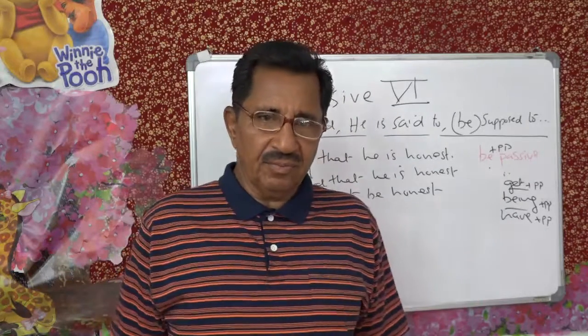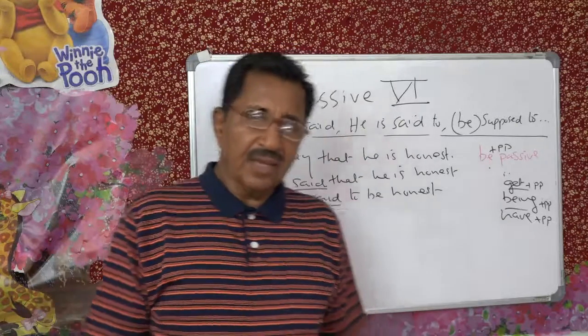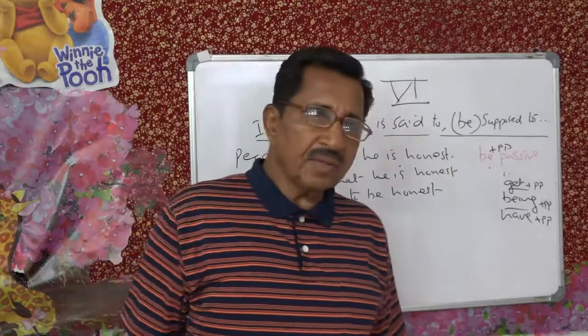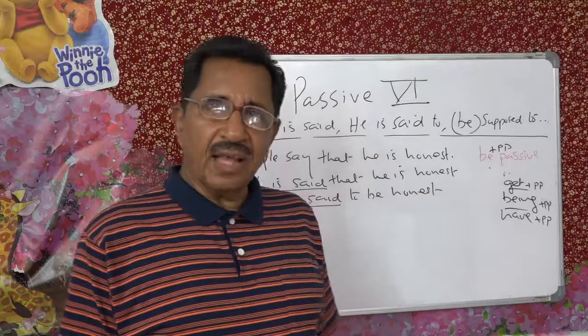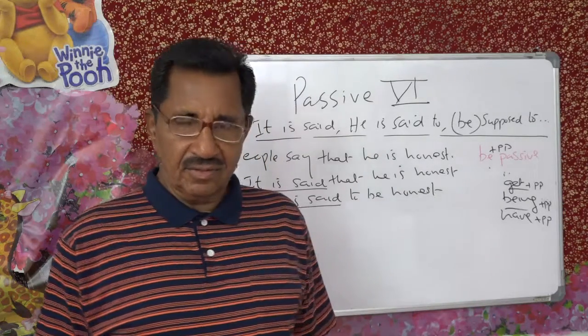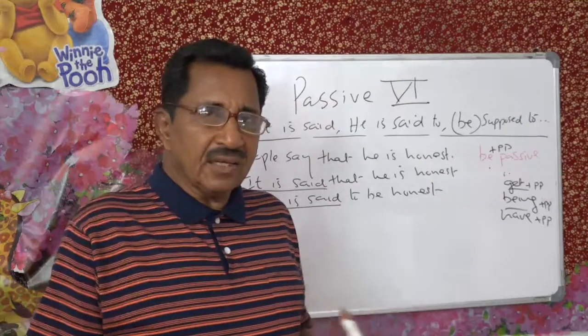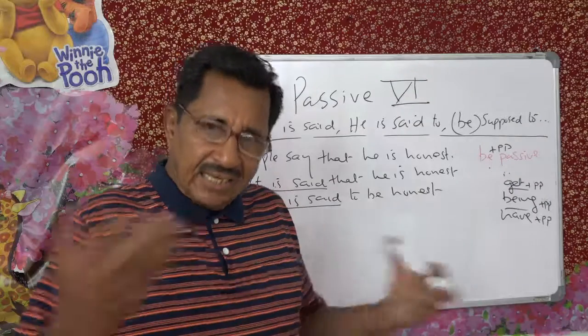Journalistic writing: it is known, it is reported, it is heard. Yes. It is heard that the minister has resigned. It is heard that they have declared a war. Because people say that, it is heard that, it is known that, it is said that.